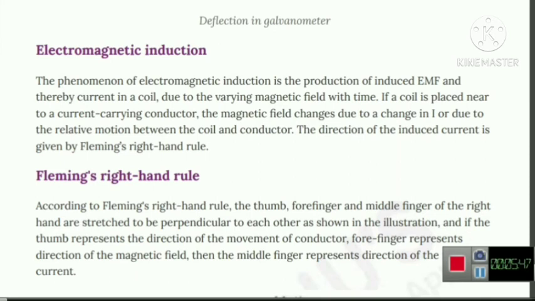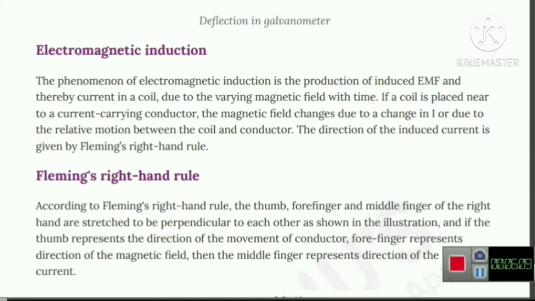Now let us imagine a situation in which a conductor is moving inside a magnetic field, or the magnetic field is changing around a fixed conductor. What will happen? This was first studied by the scientist Faraday.